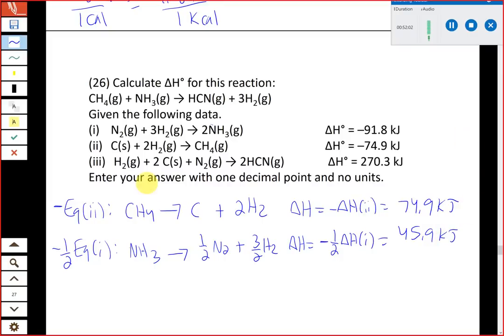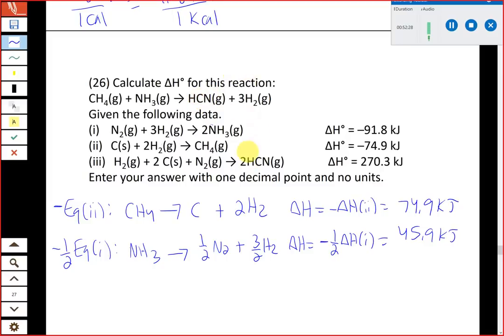All right, and so that should take care of having CH4 and NH3 on the reactant side, which we need. If we go to the product side, we have HCN and H2, so we could potentially use either of those to figure out what to do with this third equation. However, we notice that H2 appears in all three of the given equations, so it's not going to be as straightforward to figure out how to balance H2, so let's look at HCN.